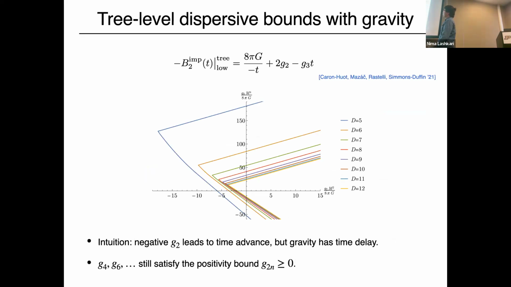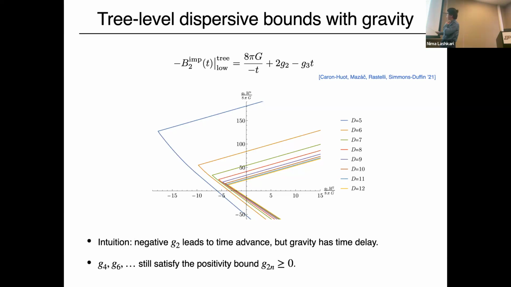So if you do that using this improved summary, you can now obtain bounds on these G2 and G3 couplings, and they'll be in terms of G Newton. On this plot, different colors mean different dimension. You can just look at d equals 5.